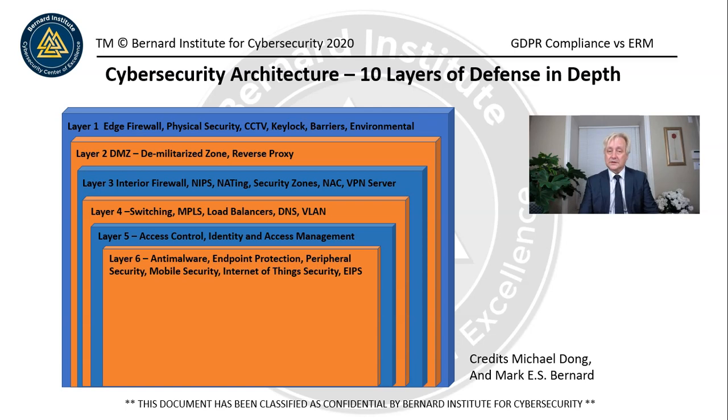The Internet of Things is coming. It's here. There's a lot of smart devices. We have light bulbs, all kinds of things, thermostats, sensors, everywhere. It's growing and growing and growing. And then we have what we call the EIPS. So this is the endpoint intrusion prevention system.